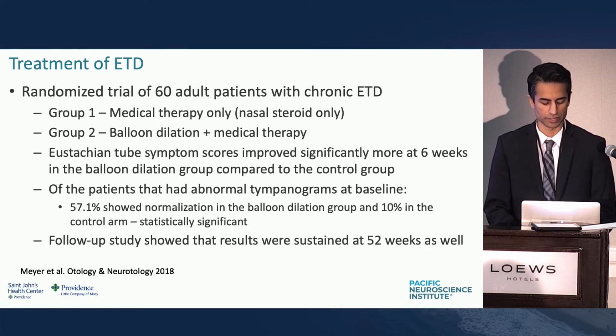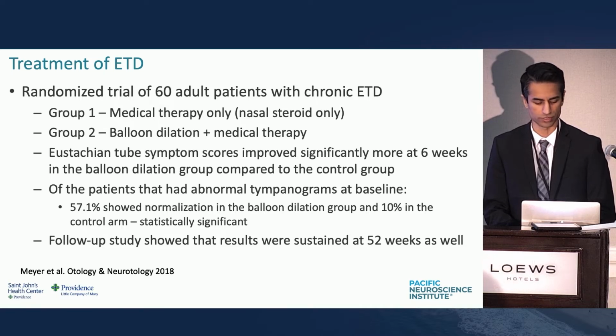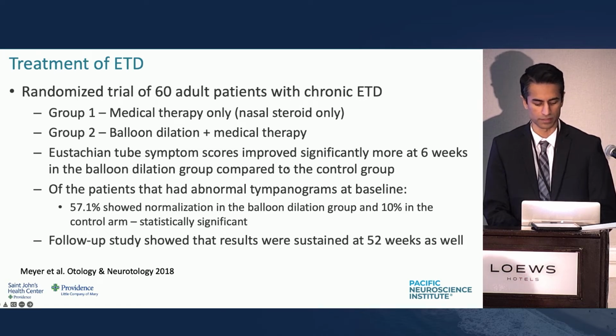There's a randomized trial of 60 adult patients with chronic Eustachian tube dysfunction. In one group they gave medical therapy alone, which was just nasal steroids, and in the second group they did balloon dilation plus medical therapy. The Eustachian tube symptom scores improved significantly more at 6 weeks in the balloon dilation group compared to the control group.